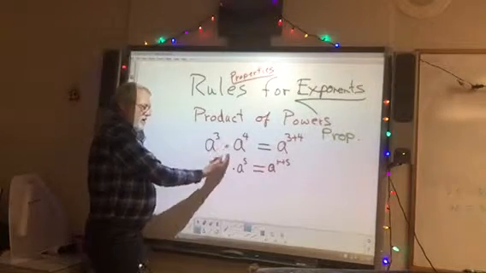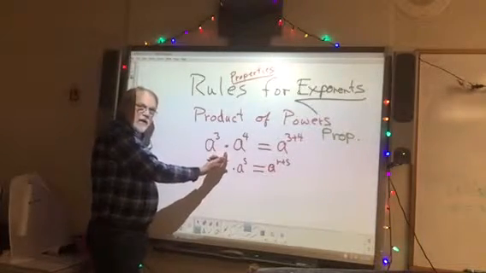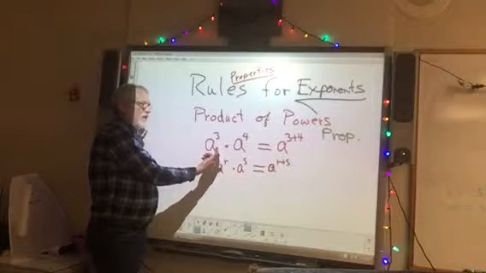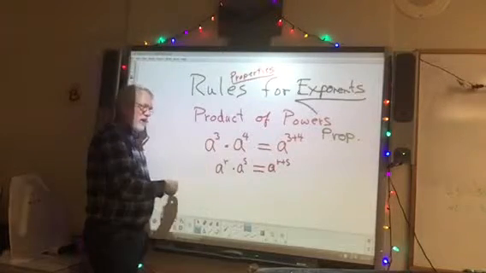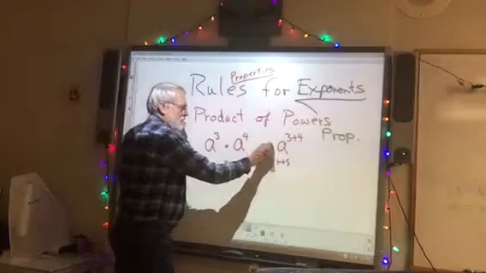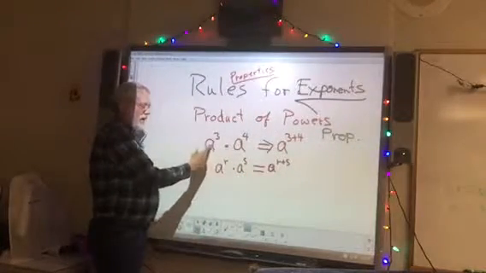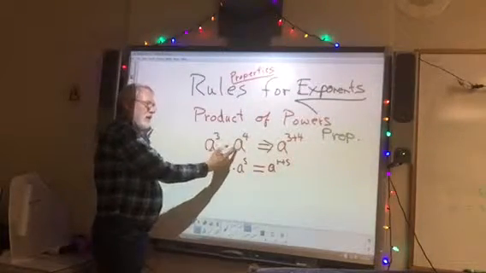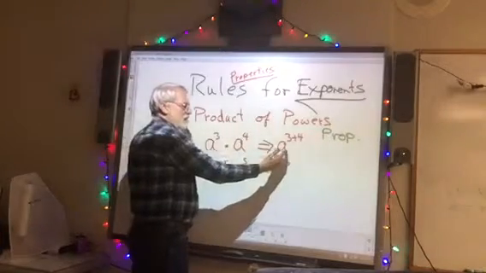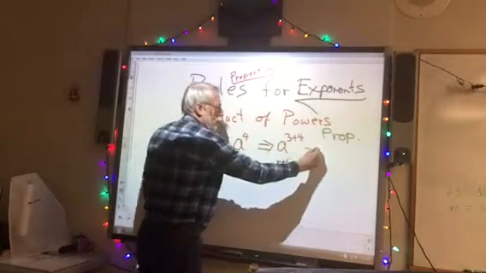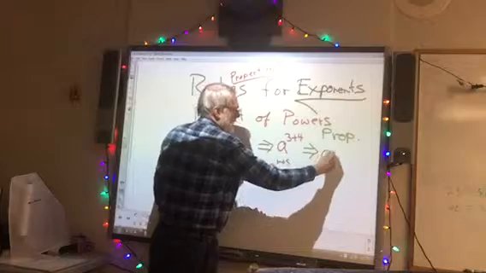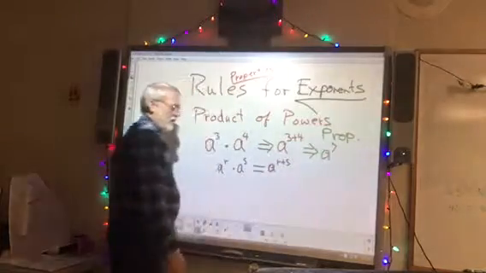It's the product, that is, we're multiplying two things, and we have powers on each of those things. And the way the rule works is that when you have a to the third times a to the fourth, it's a to the 3 plus 4, which is a to the 7th.